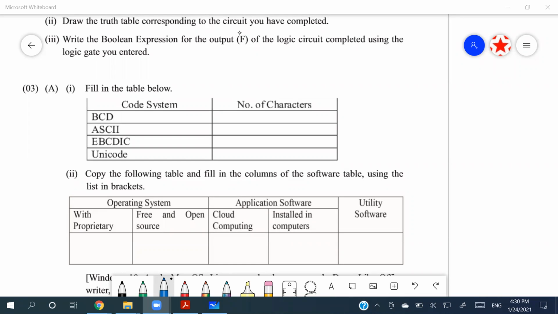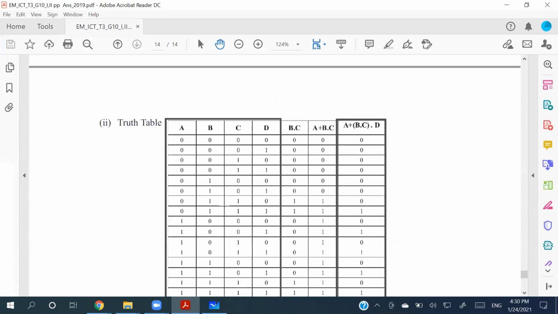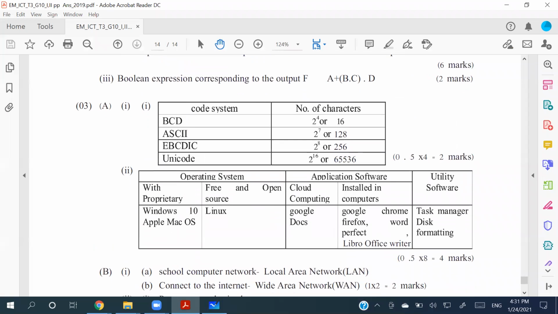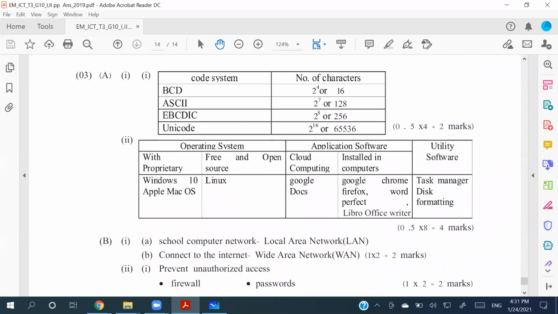Right, sorry for that disturbance. So they are talking about number of characters. Yeah, that is what I was expecting.